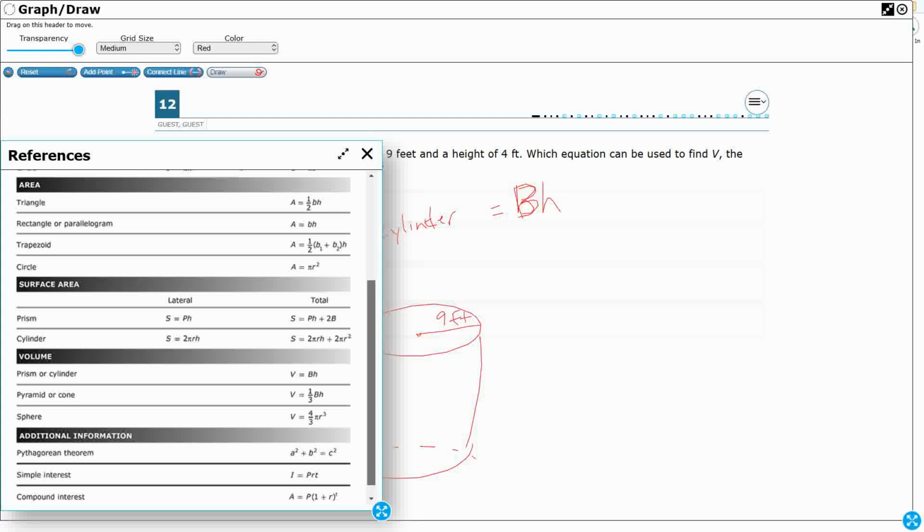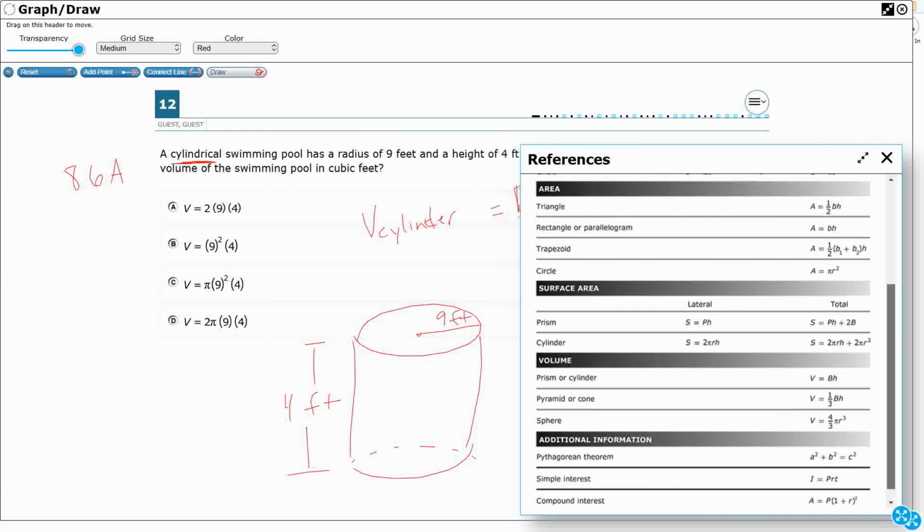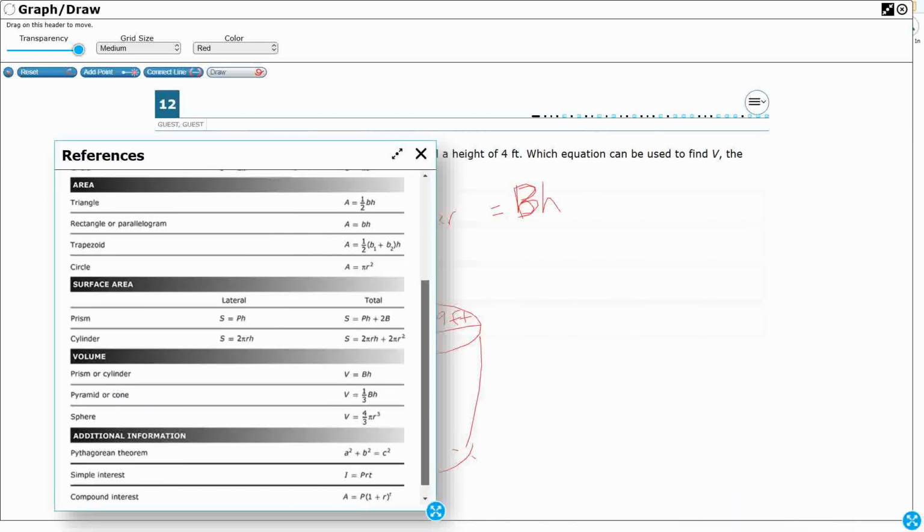The base is a circle. So this big B means the area of a circle, the area of the base. So what is the area of my circle? Well, it's pi r squared. So instead of just that B, I'm going to say pi r squared is what that B represents. And then I still need that height afterwards. So volume is going to be pi r squared times the height.